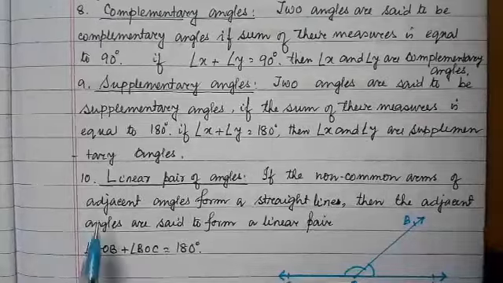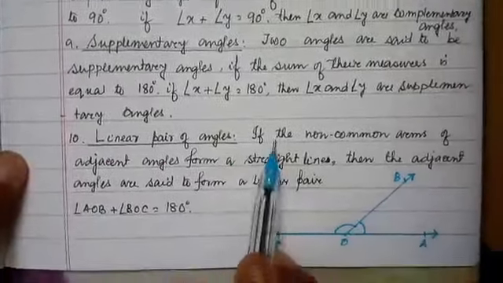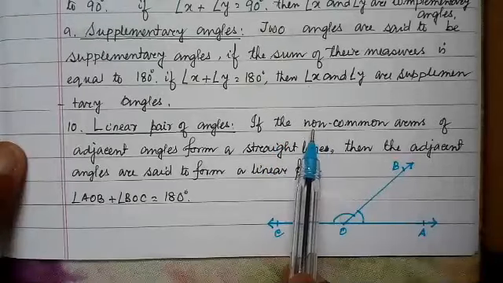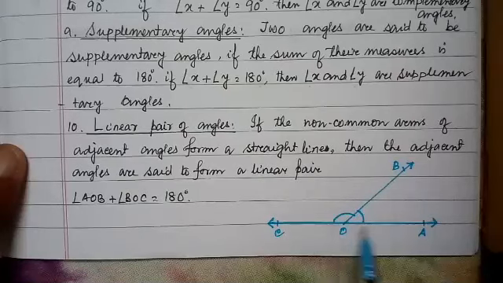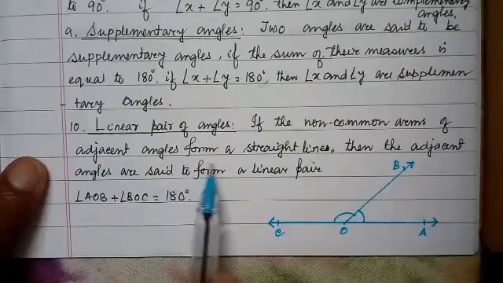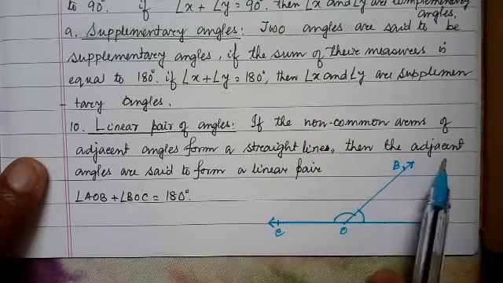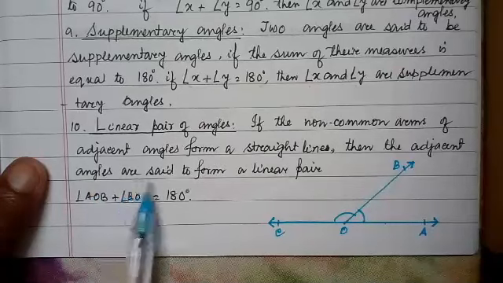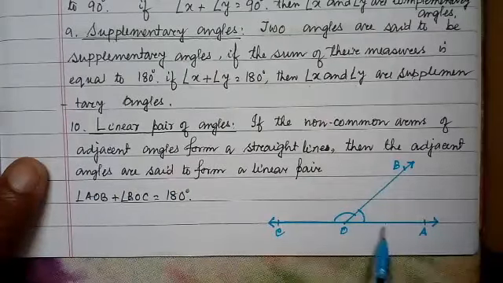Next, linear pair of angles. If the non-common arms, that is, these are non-common arms, this is the common arm, if the non-common arms of adjacent angles form a straight line, then the adjacent angles are said to form a linear pair.